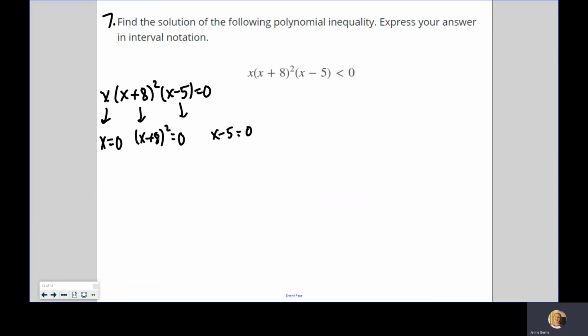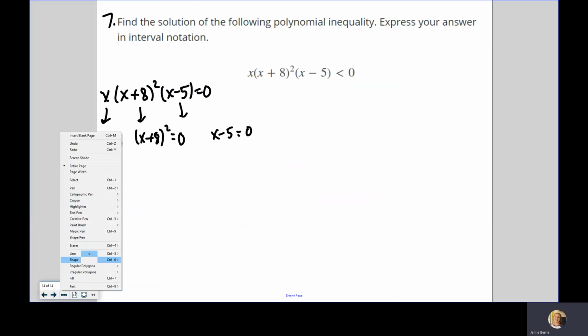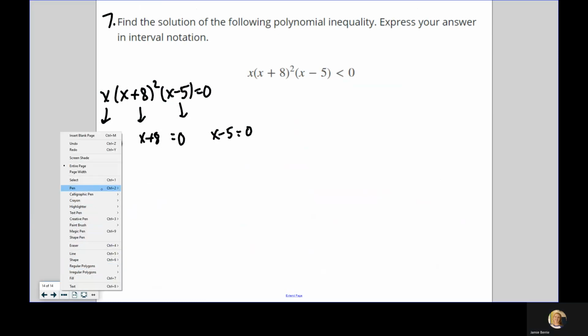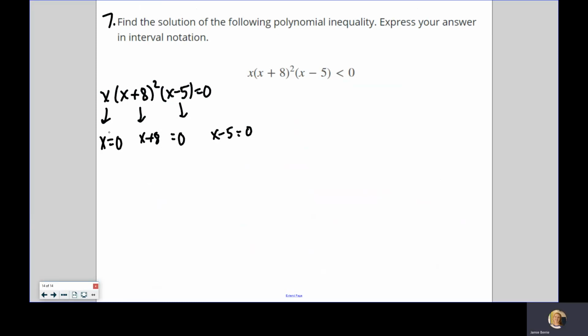Now, I have set x plus 8 squared equal to 0, but it does not matter because if you take the square root of both sides to get rid of the square, it ends up with x plus 8, since the square root of 0 is 0, so it doesn't change anything. So I'm going to get rid of the parentheses and the squared. All right, so here's my 3 zeros. We got 0, negative 8, and positive 5.